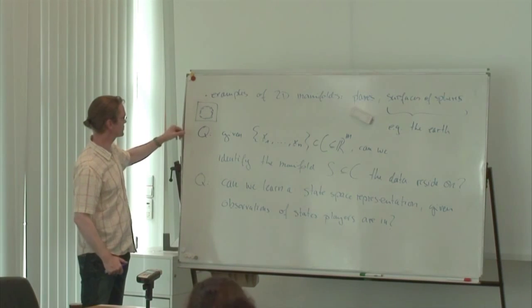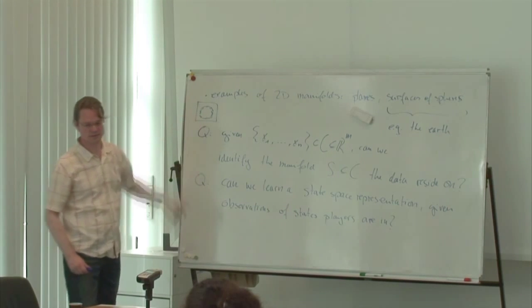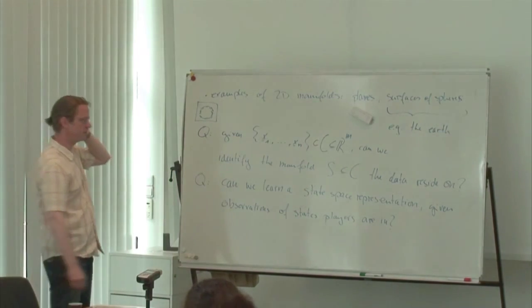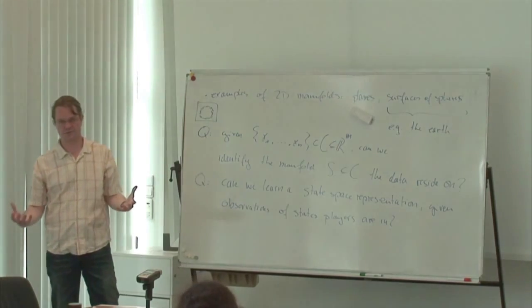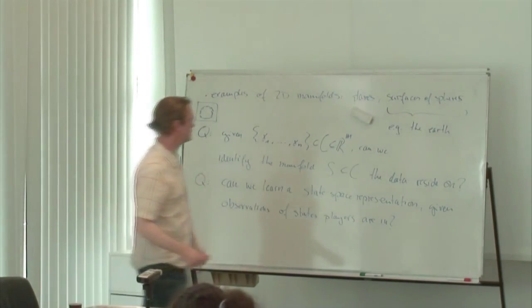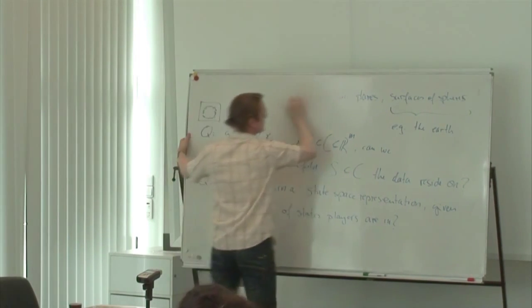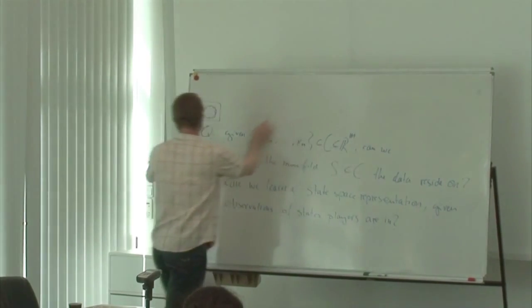This is the configuration space, and we observe states. And our question is, is there a structure in this set of states? Can we detect, recognize, and learn this structure? And if so, can we then later on use it for interesting things?